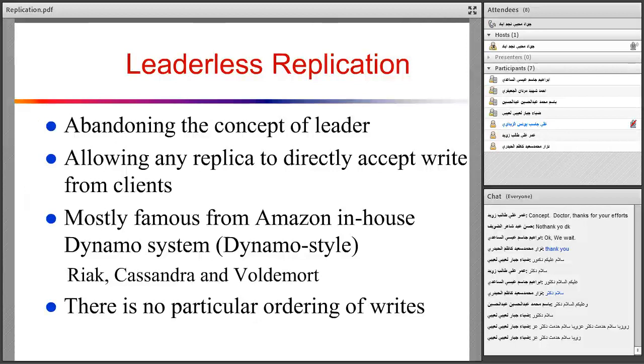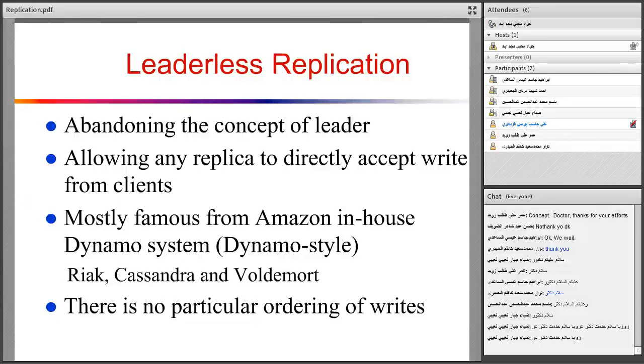But in this type of replication, we don't have a leader, so the roles of all machines are the same as each other, and the concept of leader is abandoned in leaderless replication.